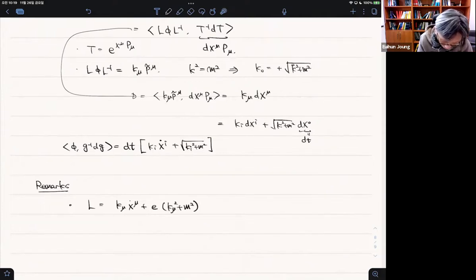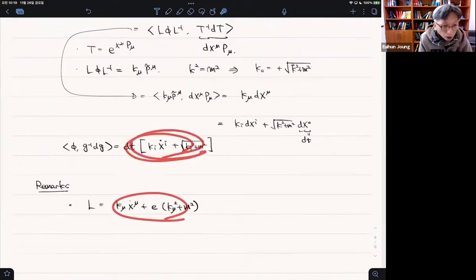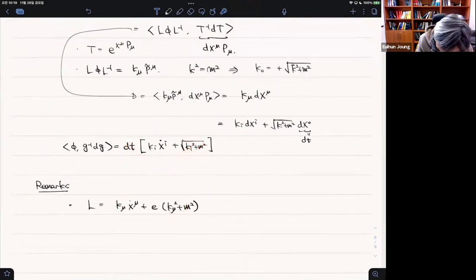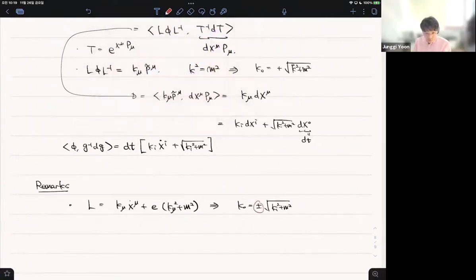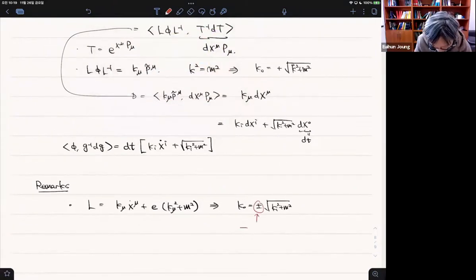We know that this is almost equivalent to this one. But the point is that in this way, by solving the constraint, we get K0 equal plus minus square root of Ki square plus M square. So there is a two sign.